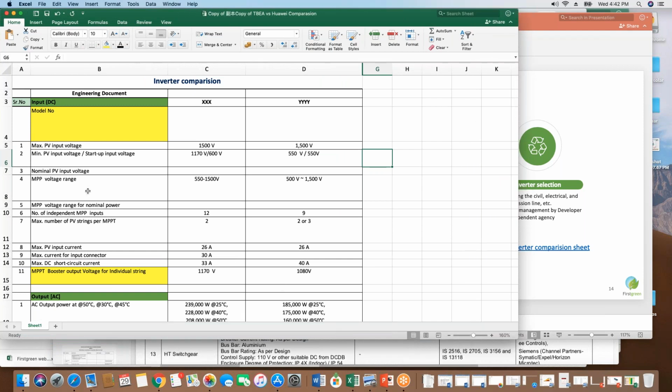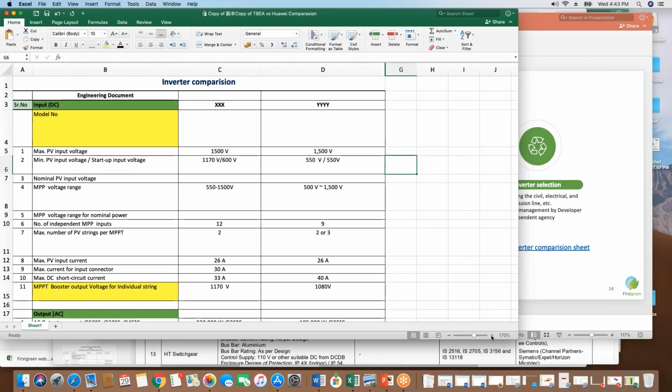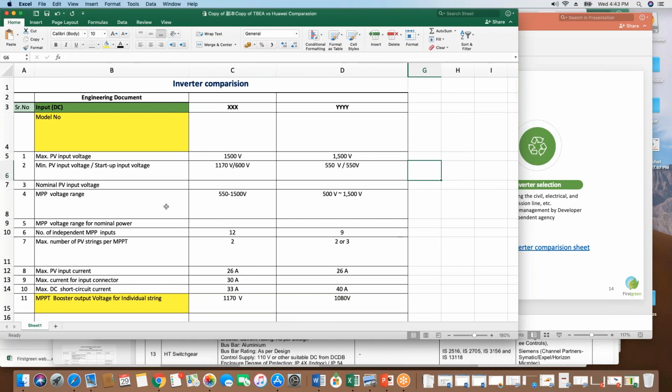So we are deliberately not discussing the name of the suppliers, but what you should focus on is the parameters we need to compare with reference to different inverter suppliers. This is a comparison of inverter suppliers from X company and Y company.